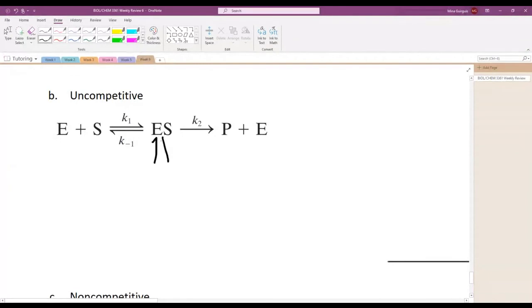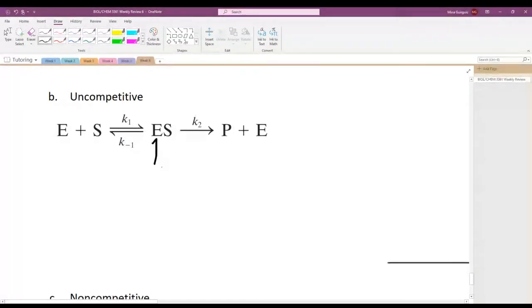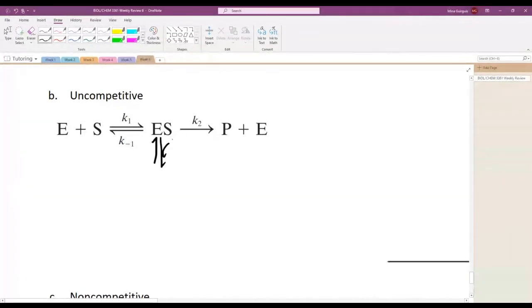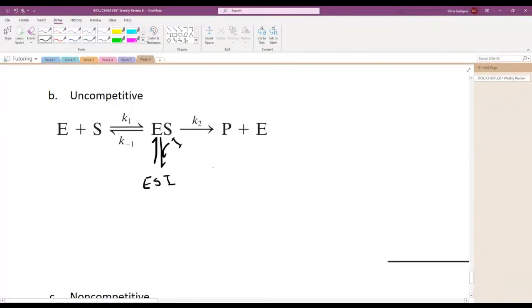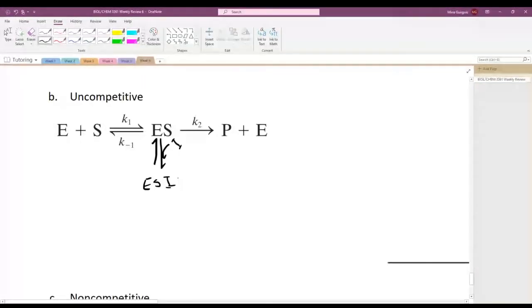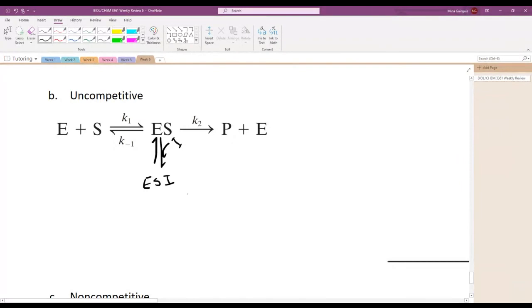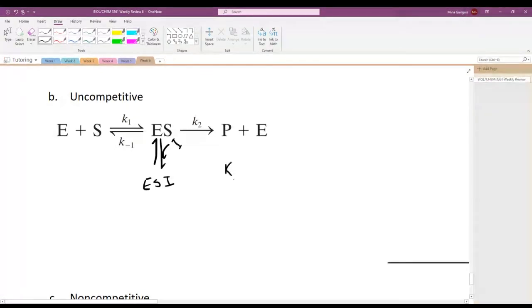So I'm going to do this with, again, putting an inhibitor in here. And so what we get is called an enzyme substrate inhibitor complex, okay? So there we go. So let's talk about this with respect to Km and to Vmax, okay? With respect to Km, how does this thing change?